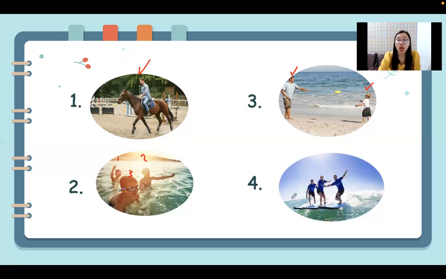Number 4, go surfing. There are 1, 2, 3 people in the picture. So is it has or have? Then what is the past participle of go? Okay, go is the verb.